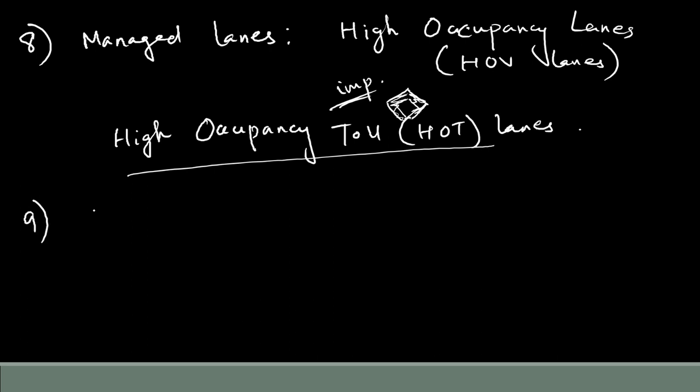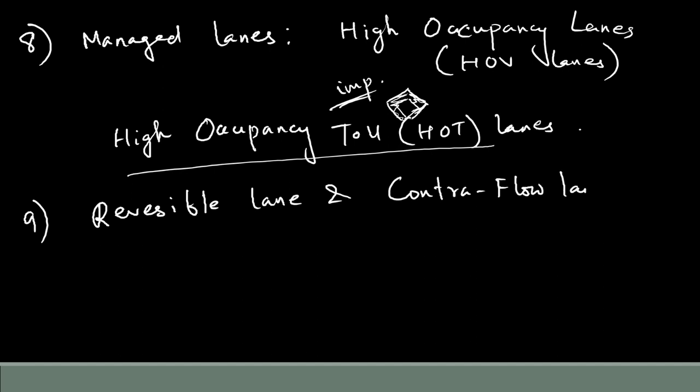Number 9, which you need to know about, is reversible lane and contraflow lane. So reversible lane, you guys know, it's like changing the directional capacity of a freeway in order to accommodate peak direction traffic demands.